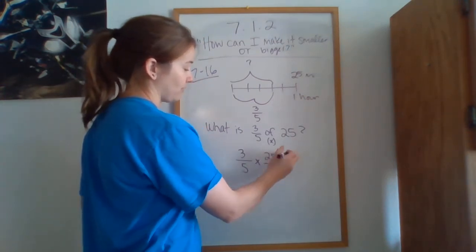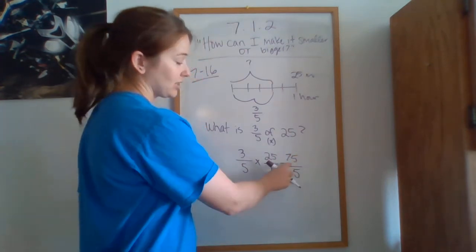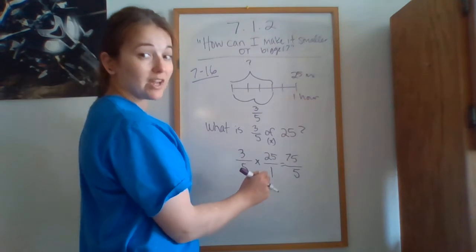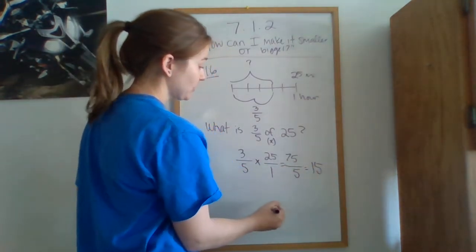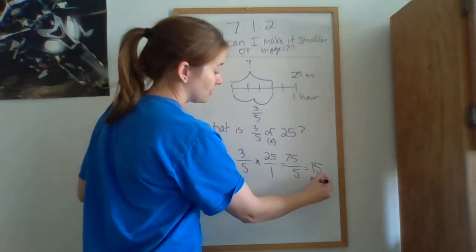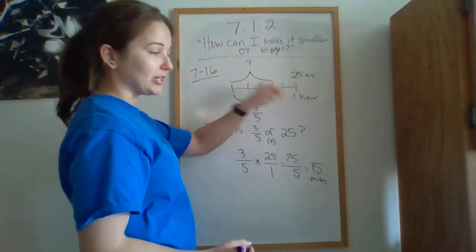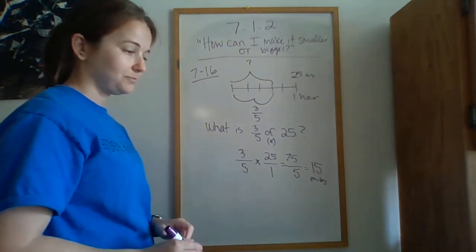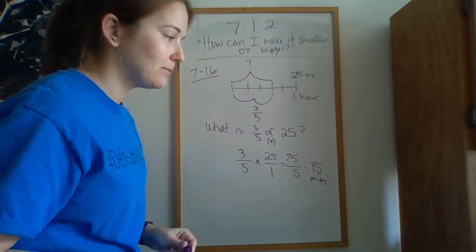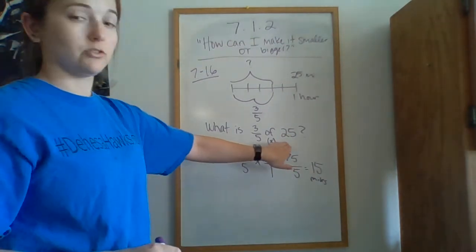So 3 times 25 is 75, 5 times 1 is 5, and this can reduce. 5 goes into 75 evenly 15 times. That means that he had gone 15 miles before he stopped to fix his flat tire. So 15 miles is 3/5 of 25.